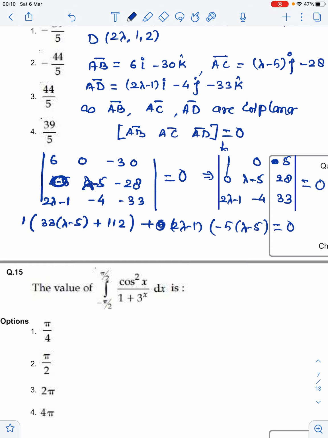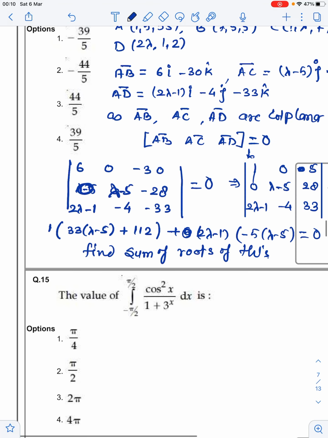So now we open and get the quadratic, and we have to find the sum of roots of this quadratic, which is coming out to be 44 by 5, the third option.